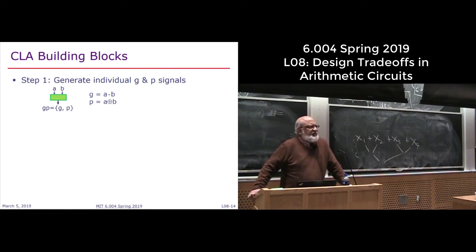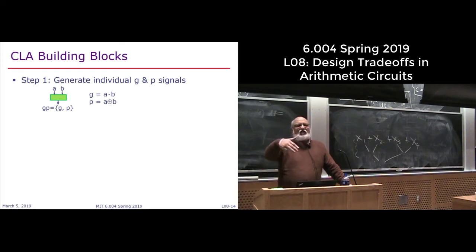Let's put it all together. This is the box I was drawing as full adder. I'm just going to call it a green box. Do you agree with me that if I give you A and B, you can compute the G and the P signals? I'm being lazy here, so I don't want to draw so many wires.